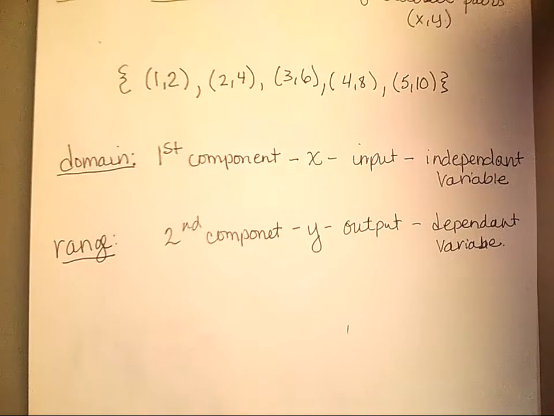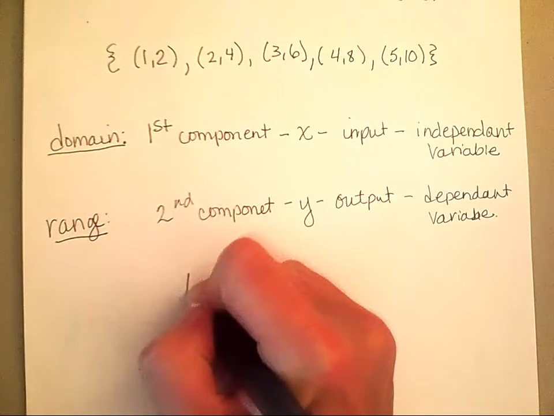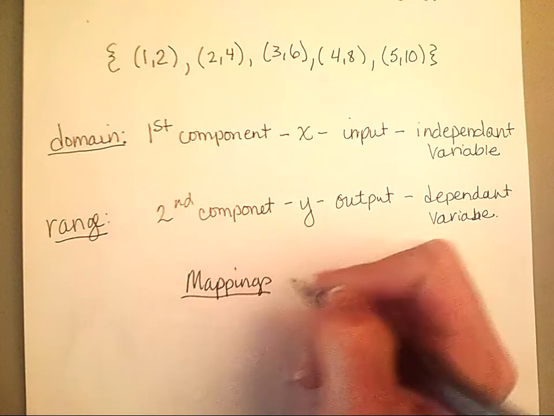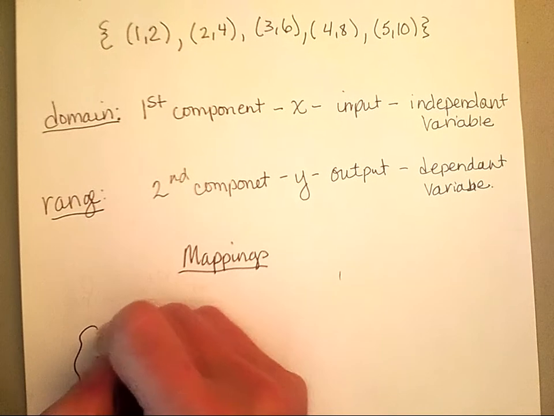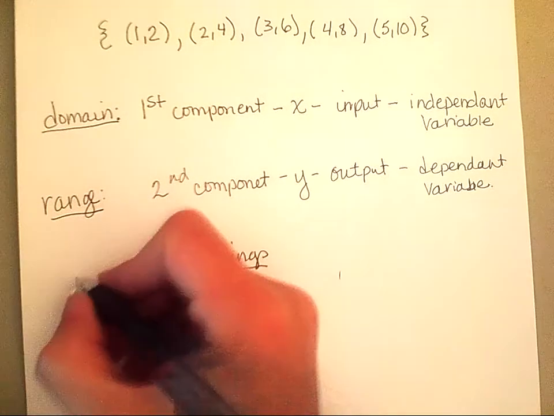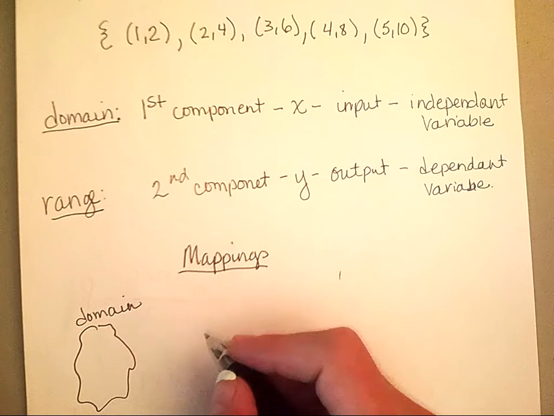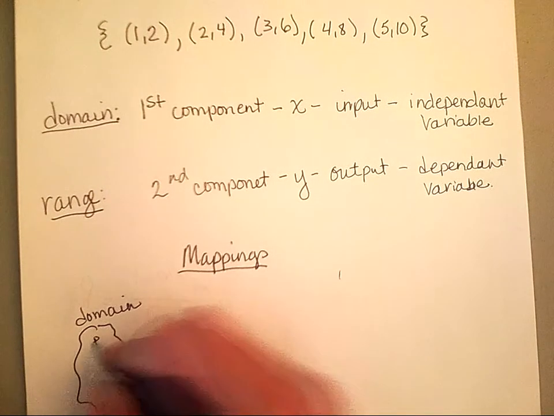Now with this, we can also do mappings. So let's say we have one group of numbers, and this is the domain. Say there's some element in here, we'll call it p, whatever.